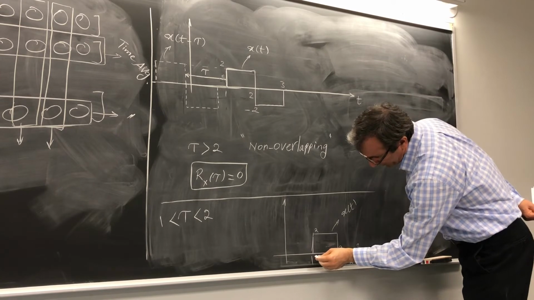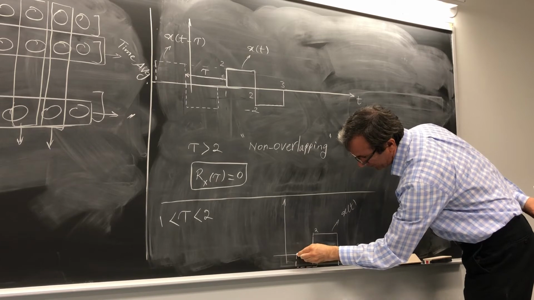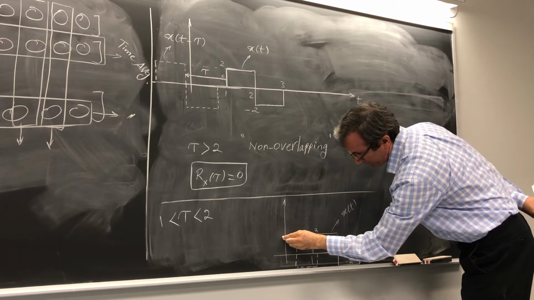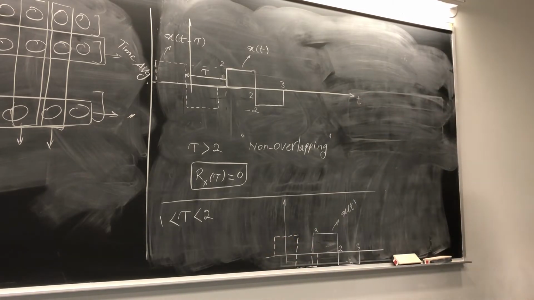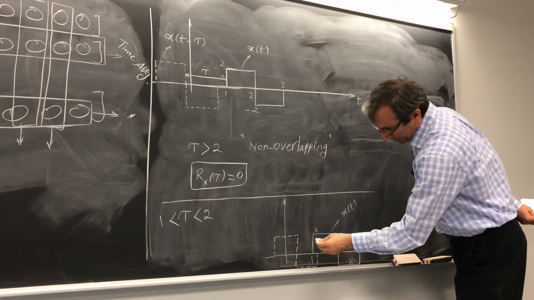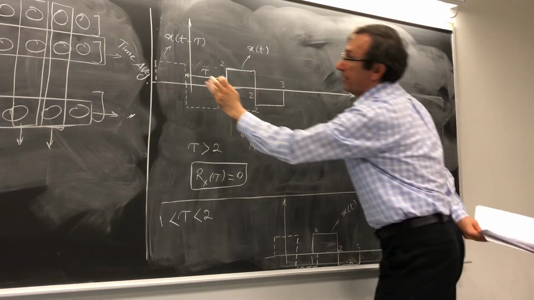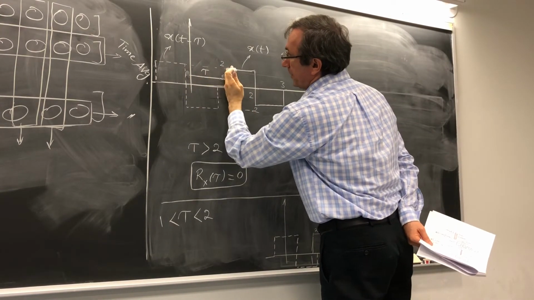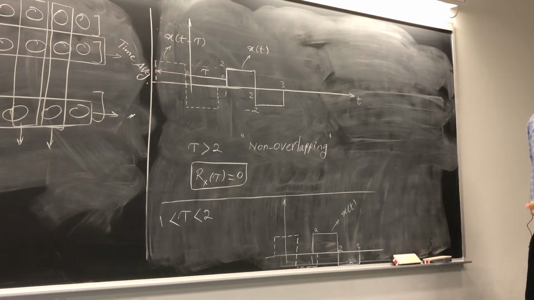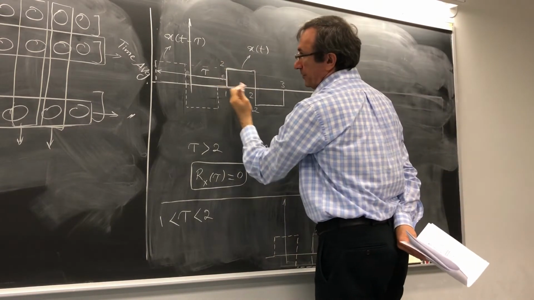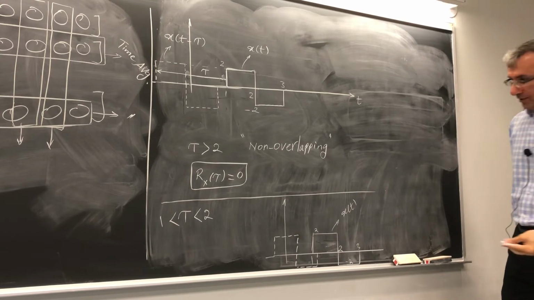And now we've got some overlap. So, I'm sorry, I have to correct this. This edge would be shifted by tau. So this edge is the start of this complex. We go to the start of the other complex.